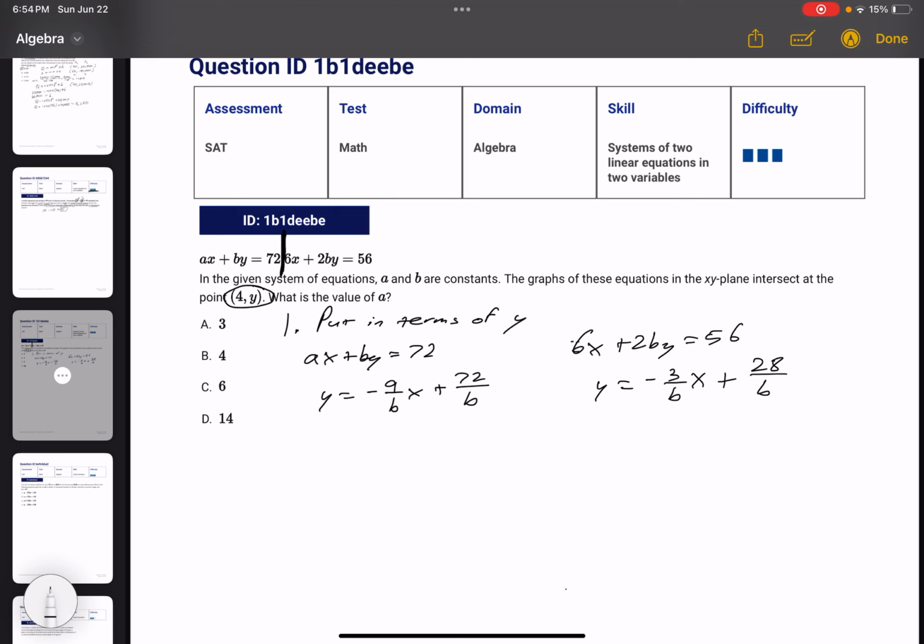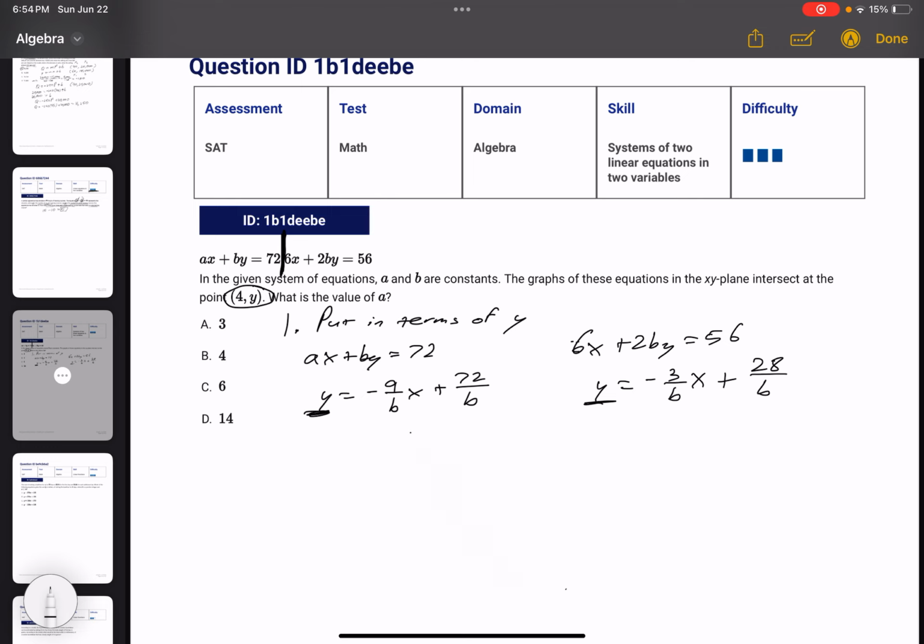Okay. And to make this a little more digestible, we're going to factor out a b. You know what? We're going to do that later. For now, we have both our y's, and we know that they're going to be equal to each other. The output's going to be equal to each other when x is equal to 4.